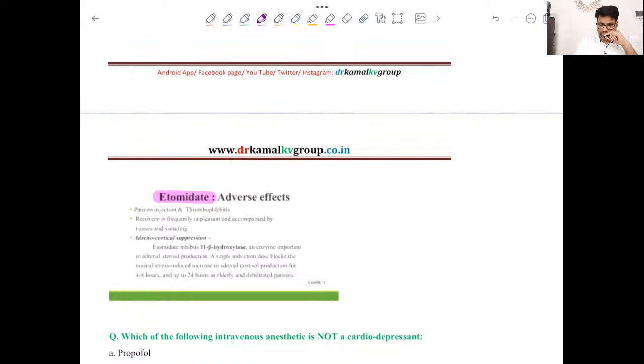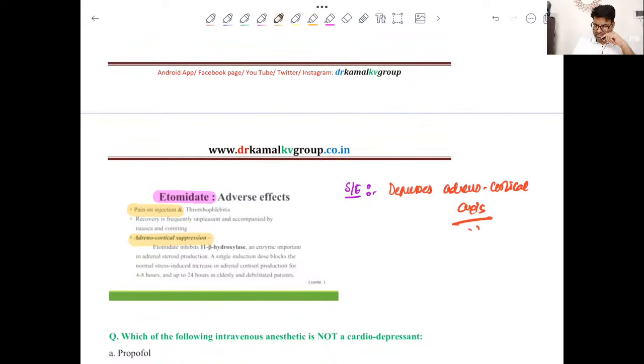And apart from this, there is one important side effect: it depresses the adrenocortical axis. So just remember, it depresses the adrenocortical axis. So just two things: pain on IV injection, which is the maximum possibility, and then adrenocortical suppression, right? So this is very important here.